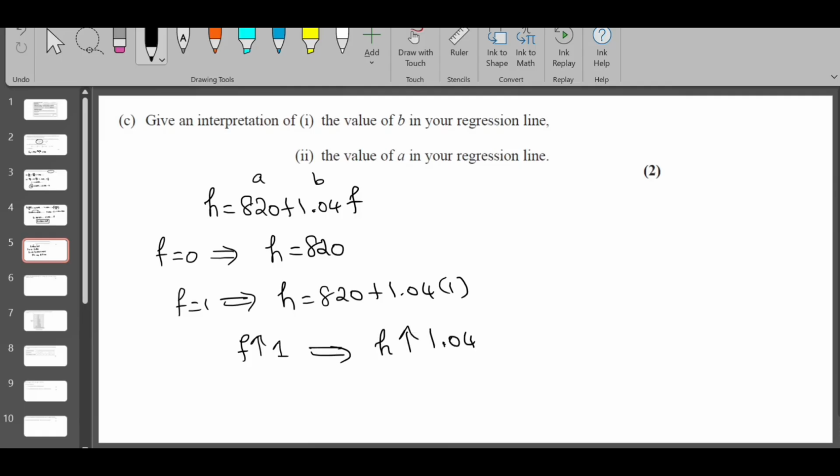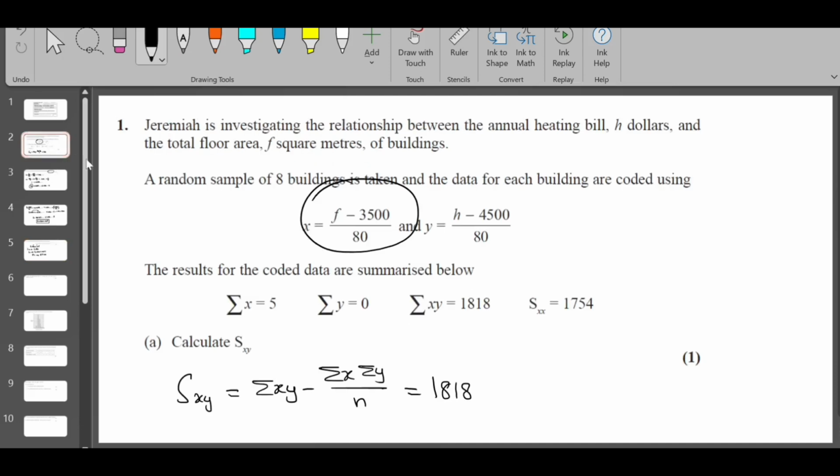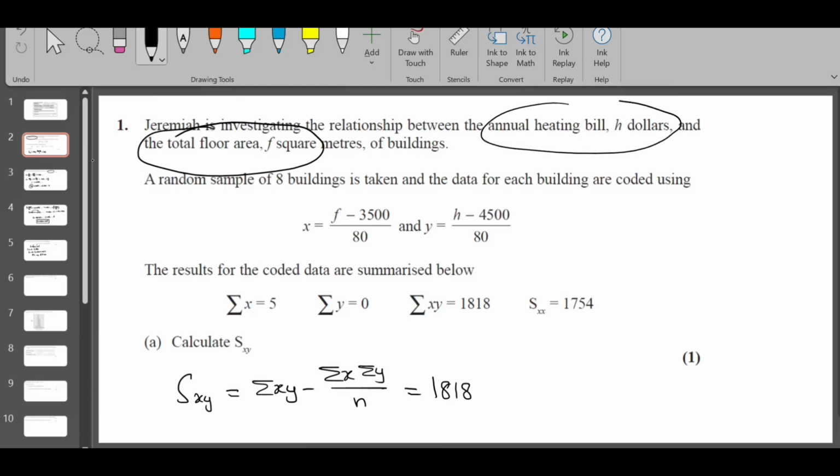So we need to find out by reading the question what F and H are in this context. If you read the question carefully, F is the total floor area. Annual heating bill is H. So for every one increment in F will result in 1.04 increment in H. So we need to write it as a sentence.